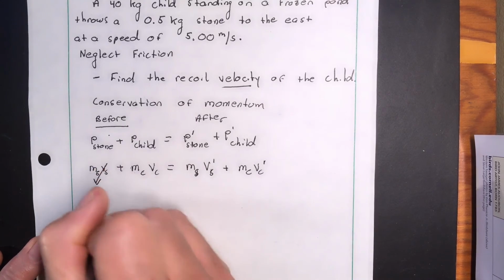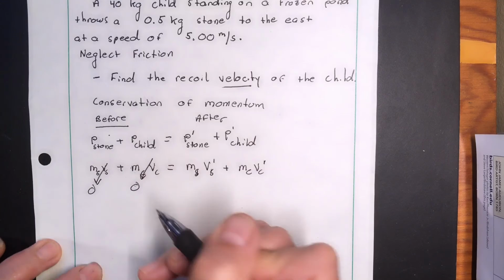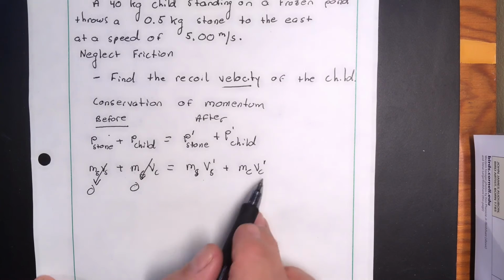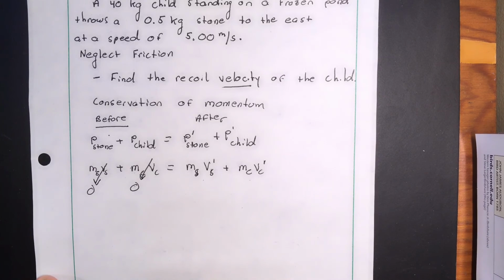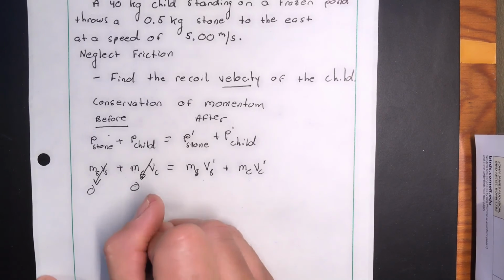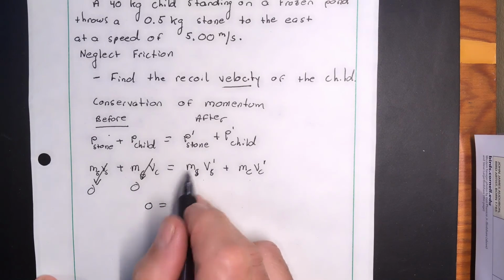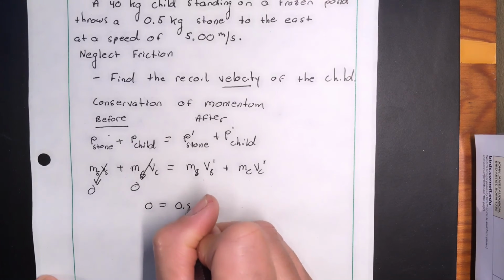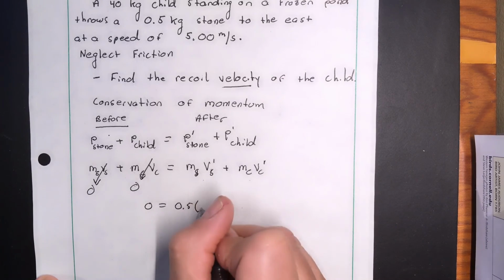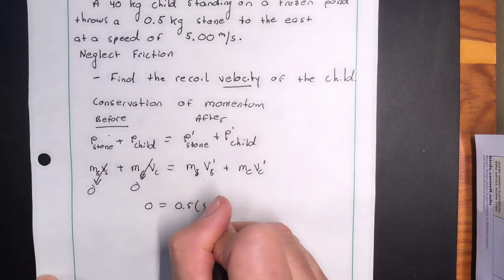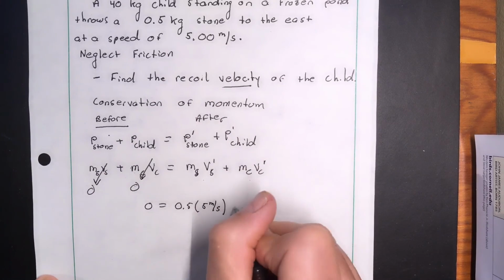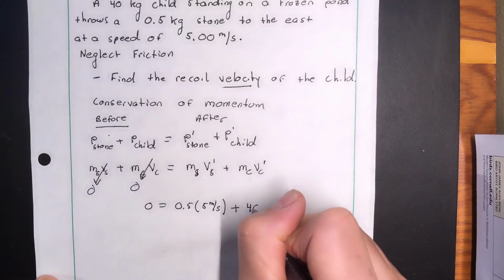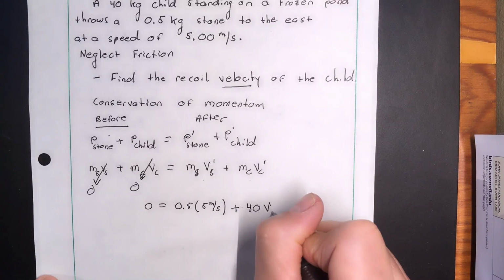Initially, the velocities are 0. Child's at rest, stone's at rest. So that means that the sum of these two quantities has to equal 0. So 0 must equal the mass of the stone, which is 0.5, times the speed at which it was thrown, which is 5 meters per second, plus the 40 kilogram child times the velocity of the child.